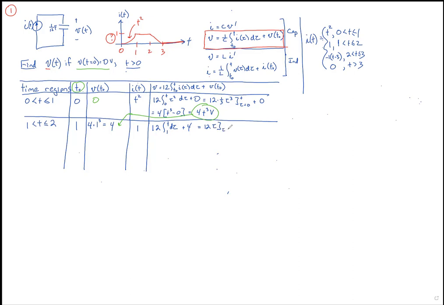And we're going to evaluate that tau between 1 and t and add 4. So that's going to give us 12 times t minus 1, plus 4. And that simplifies down a little bit into 12t, let's see, minus 12 plus 4 is minus 8.